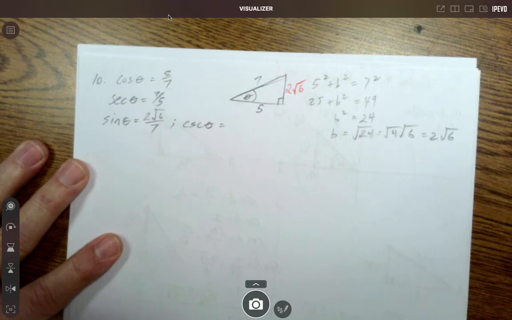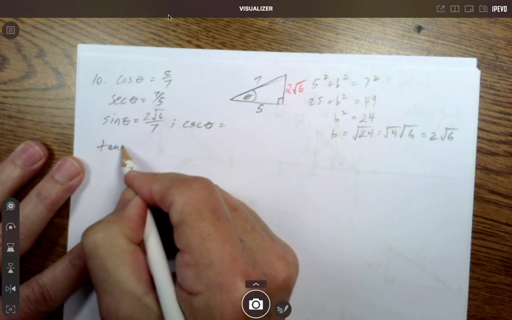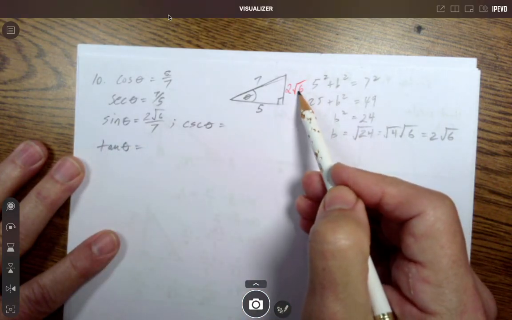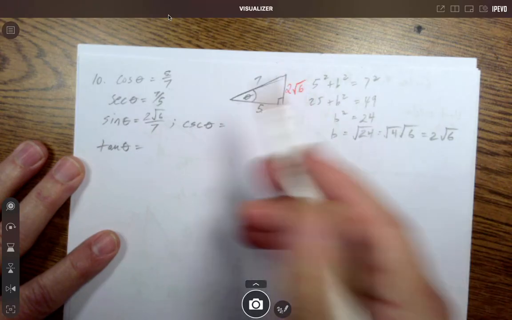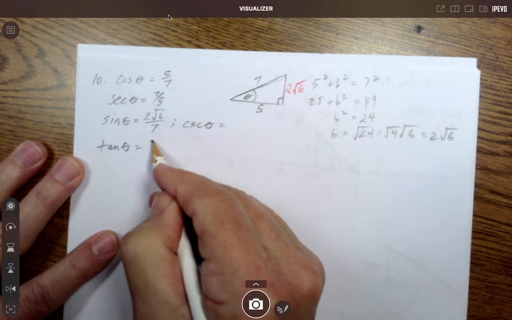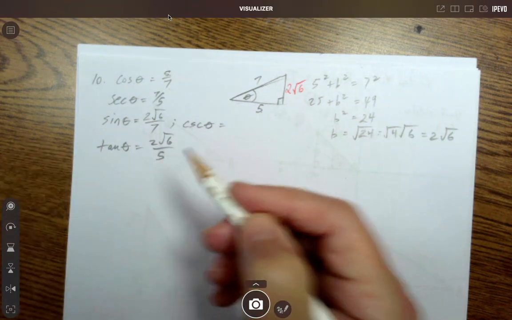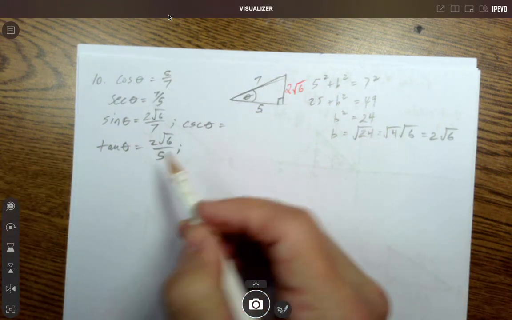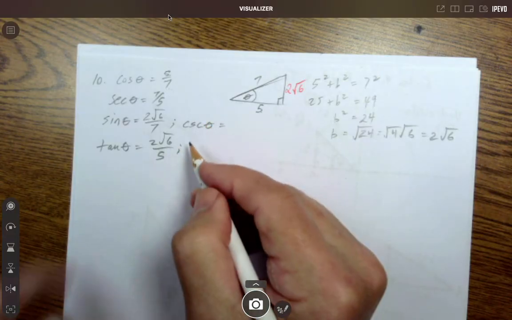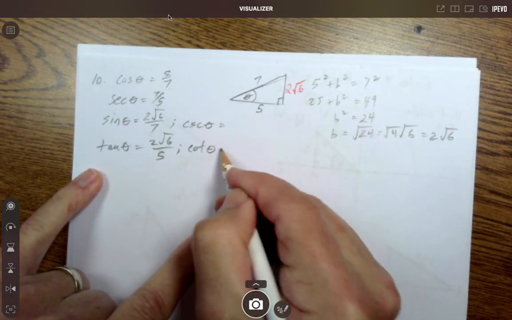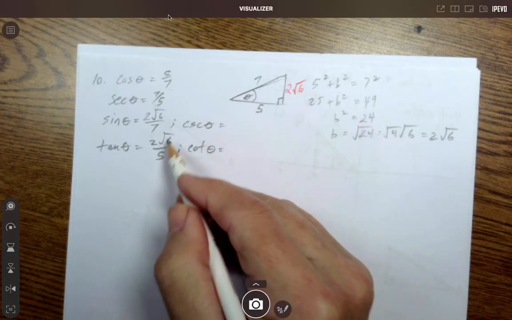All right. Tangent of theta is that over that. All right. So the reciprocal of that is cotangent. So that would be that over that.